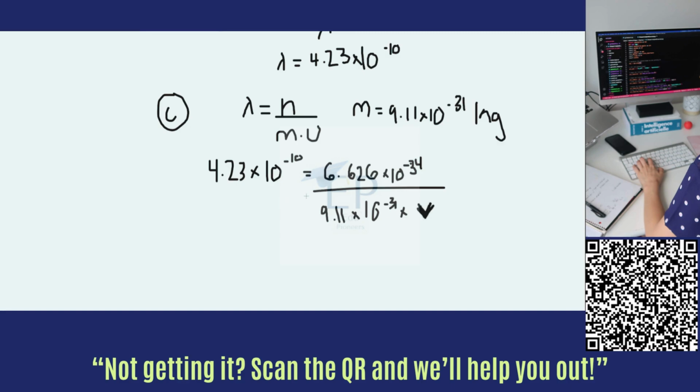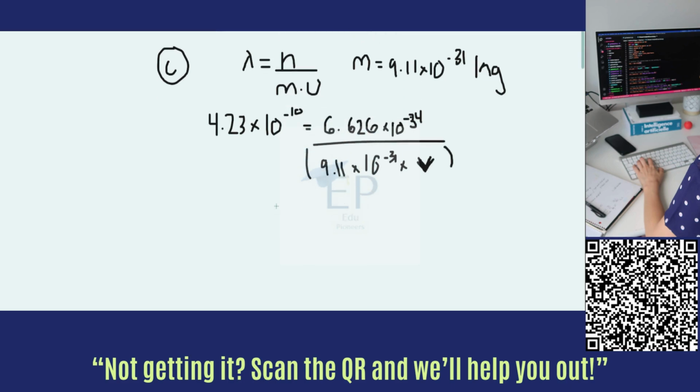All right, so you can multiply by this on both sides and then divide, and you should get that the velocity equals 1.72 times 10 to the 6th.